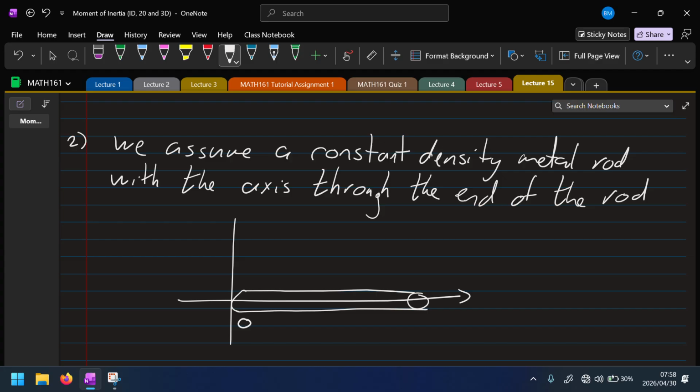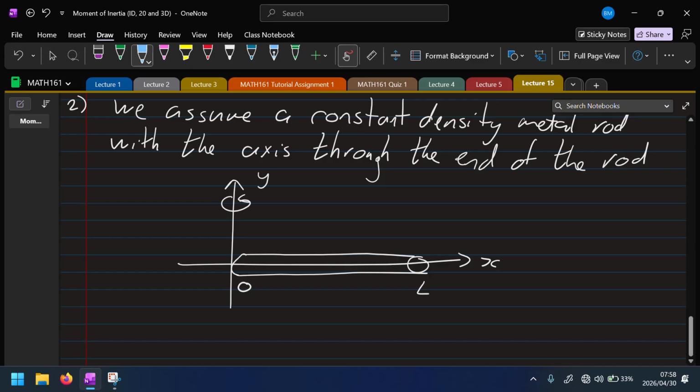So 0, the rod has length L, so that endpoint there will be L. So X, Y, we rotate around. Same idea as before, we're going to pick a little mass piece, see what the radius is, and then substitute.